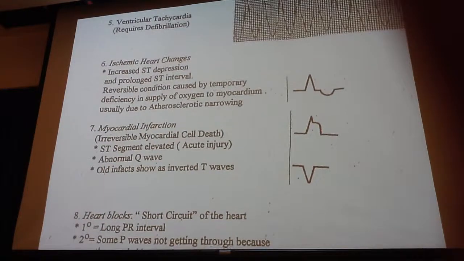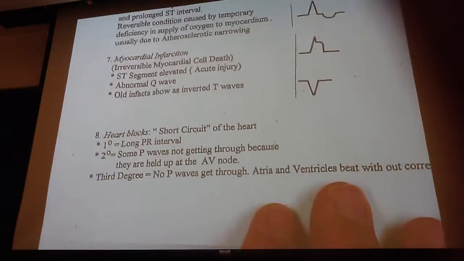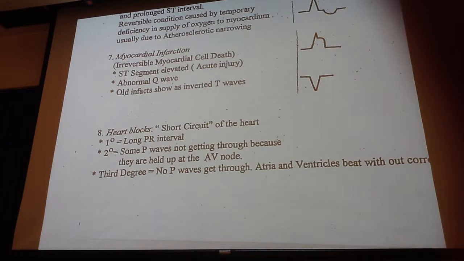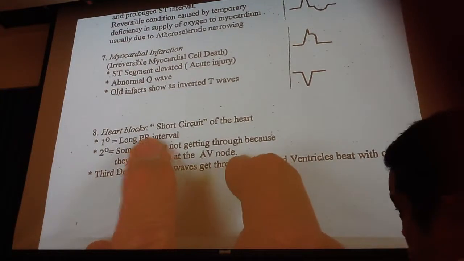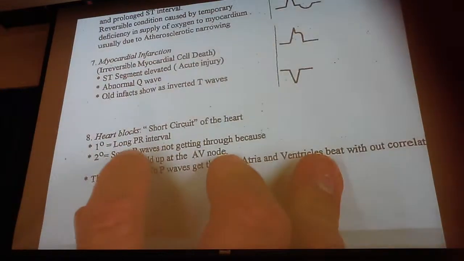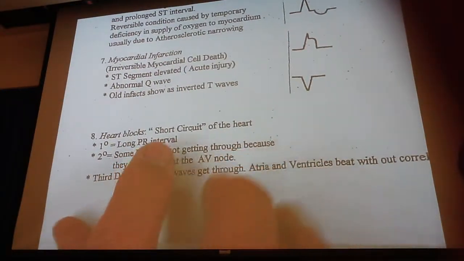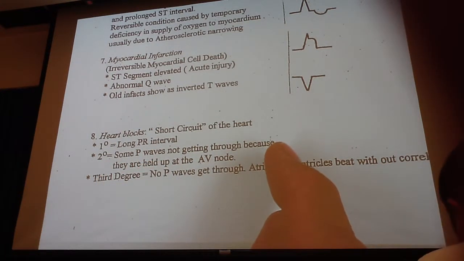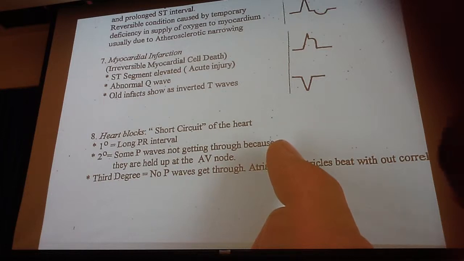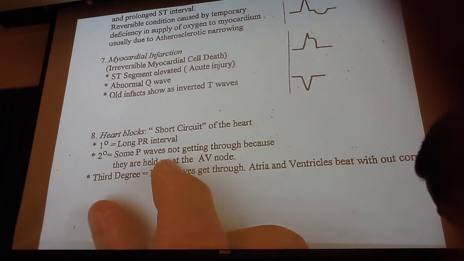And when they talk about heart blocks, this is the other thing that you should be aware of. So we were talking about the PR interval. Remember, if it's a long PR interval, we call it a first-degree heart block. Sometimes you'll see the P wave go through, but you won't see a QRS complex. That's what they call a second degree.